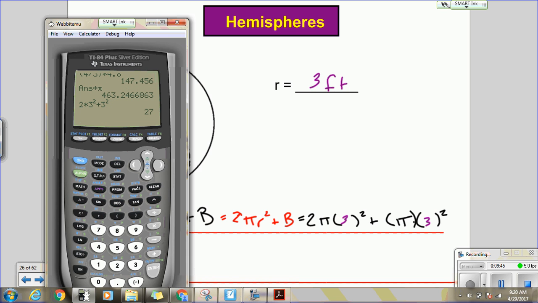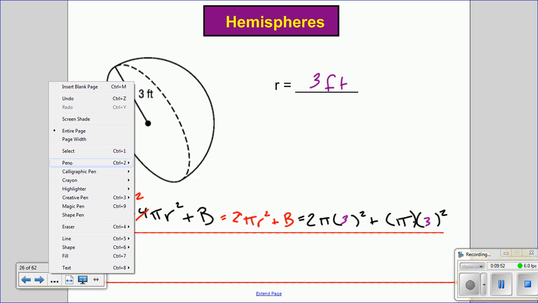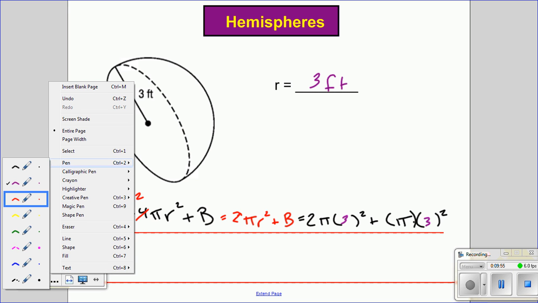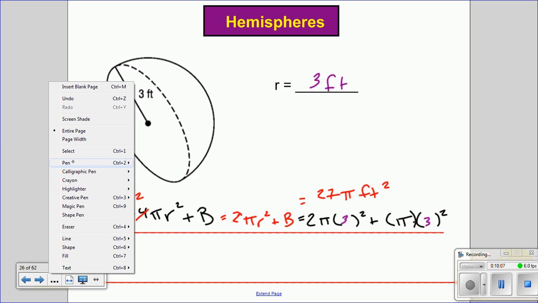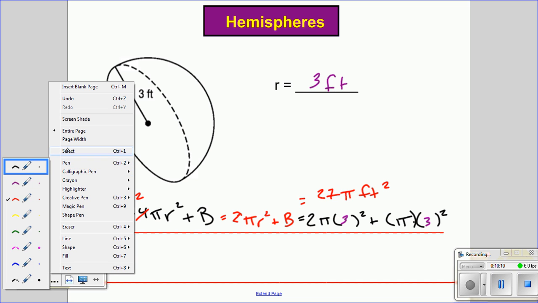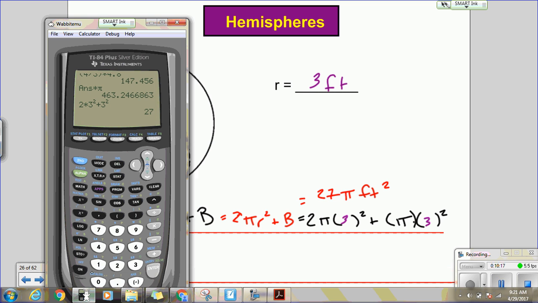And that would give me 27. So my exact surface area is 27 pi feet squared. Now if I want my approximate surface area, I will put 27 times pi in my calculator.